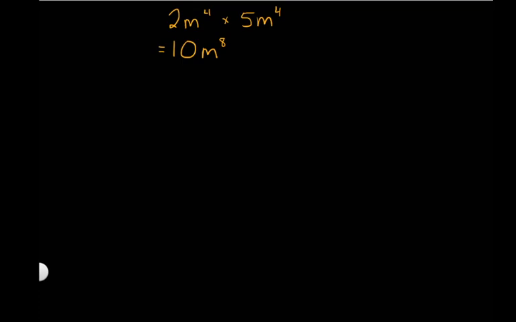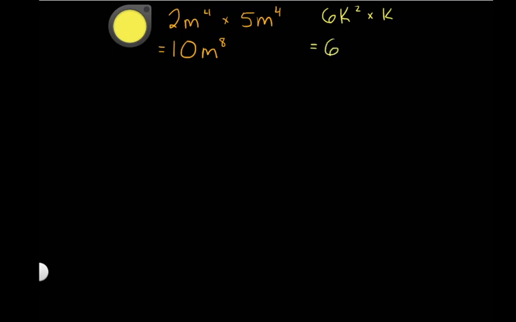All right. Another question. Let's say we have 6k to the power of 2 times k. Again, we have to look at our coefficients. That's the number before the letter. The second k has a 1 in front of it. So 6 times 1 is just 6.